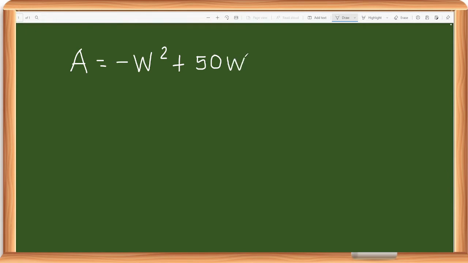Okay? So, ngayon, let your polynomial function be your area. Since we're using W here, let's put W here. Okay? So, it is equal to negative W squared plus 50W.